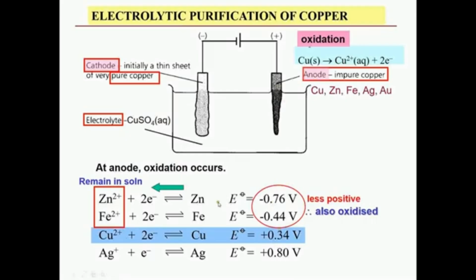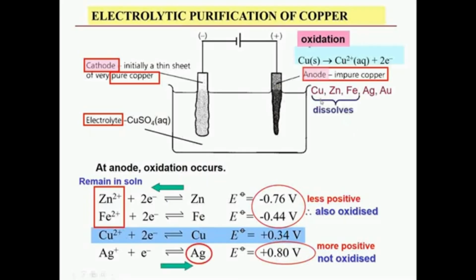Hence zinc will dissolve and go into solution as Zn2+. Iron impurity will also dissolve, going into the solution as Fe2+. Impurities with E naught value more positive than 0.34 volts will not be oxidized; they remain in their metallic form.